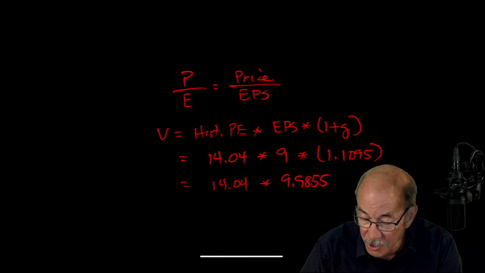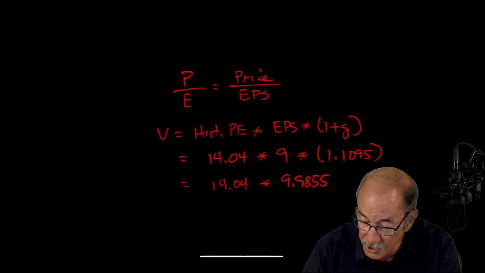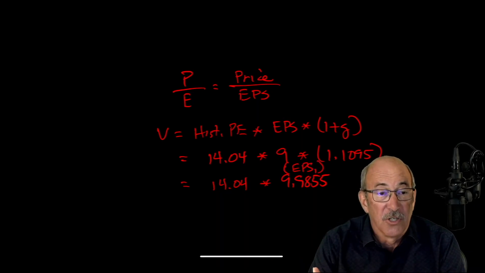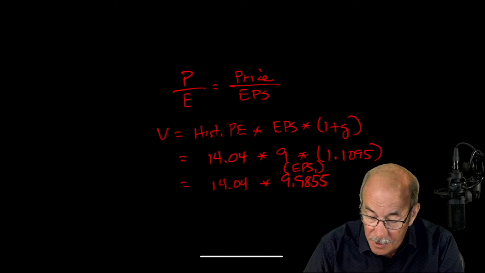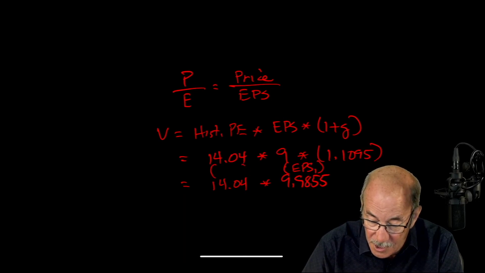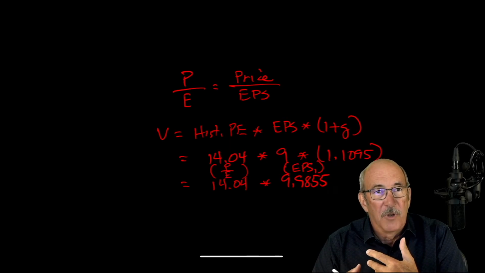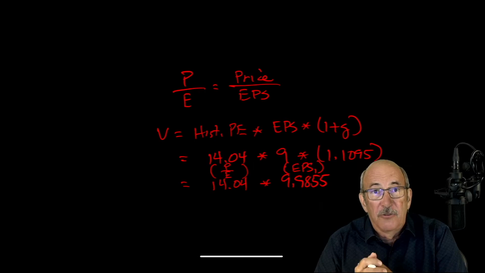Now, remember, this is, let me just put it up above here. This is EPS 1. So that's next year's EPS. This is the expected multiple, that is price over earnings. That's the expectation that we, the way that we'll value that dollar's worth of earnings.